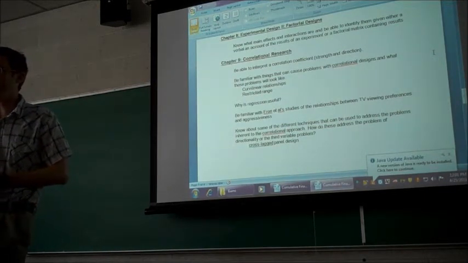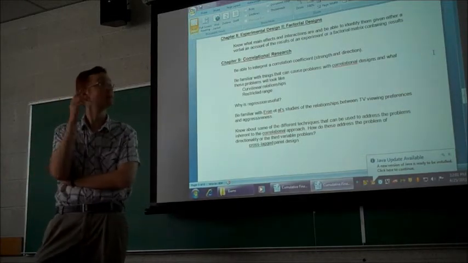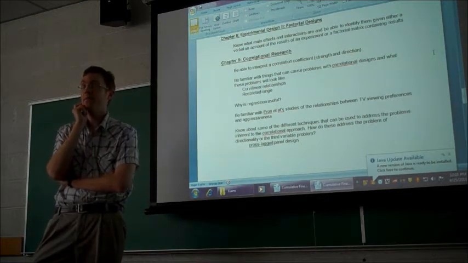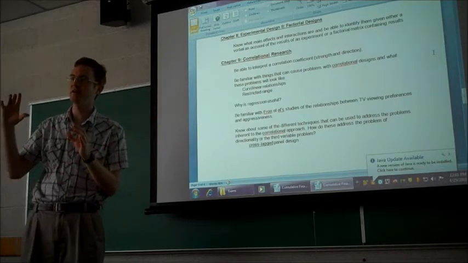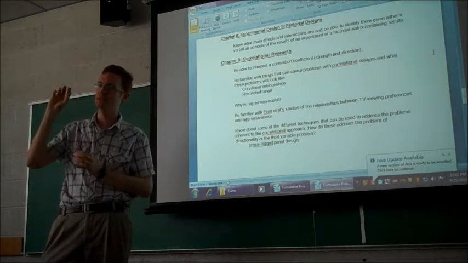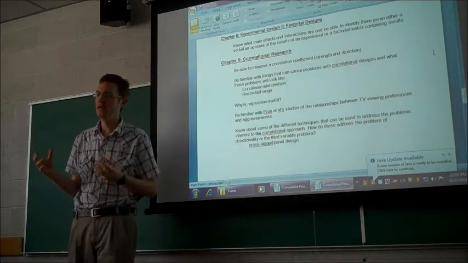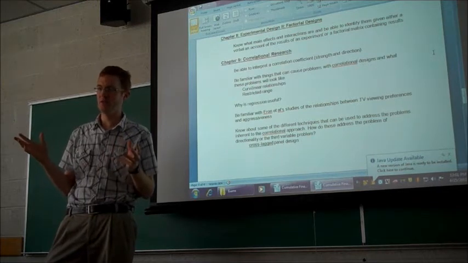So if you recall, there were some questions on the third exam, and a lot of people had trouble with those, where I'd present you with a table of results, so you'd see what the average score was for the participants in every cell, and then you'd have to determine: is there a main effect?